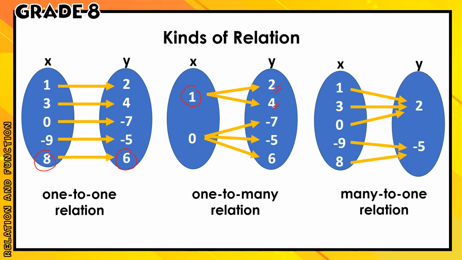Ibig sabihin, marami kang value ng x pero nakafocus ka lang sa isang value ng y. Pwedeng dalawa, pwedeng tatlo, o mas higit pa. Again, different kinds of relation: one-to-one relation, one-to-many relation, and many-to-one relation. Laging nauuna yung values ng x or the domain, kasunod nun ay yung values ng y or yung range.